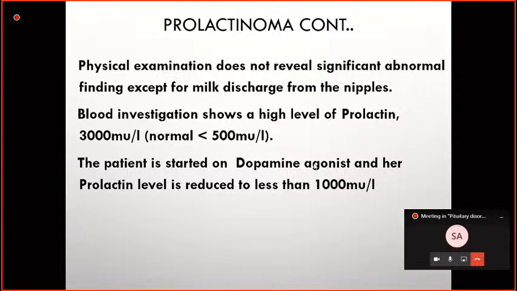Can GnRH cause an increase in prolactin? A decrease in dopamine, okay. So anything that causes a decrease in dopamine can cause an increase in prolactin. TRH can cause an increase in prolactin.